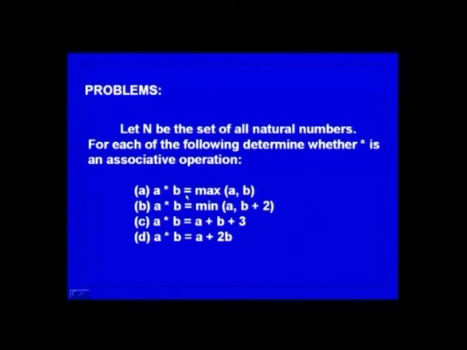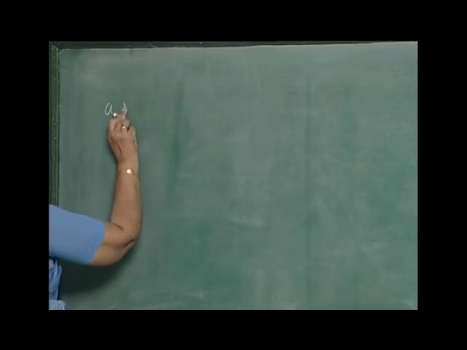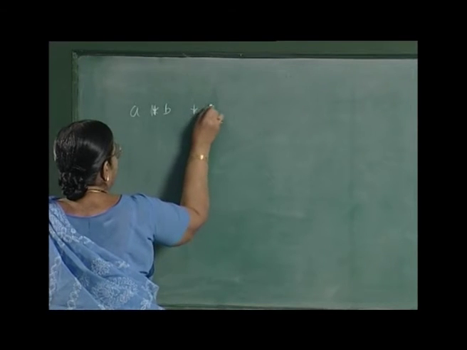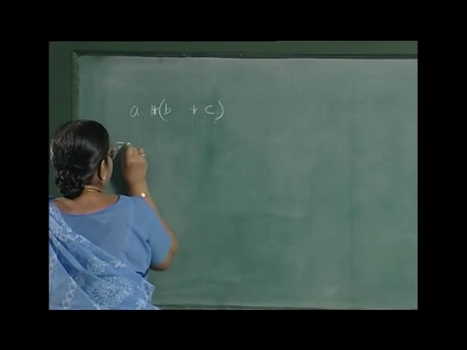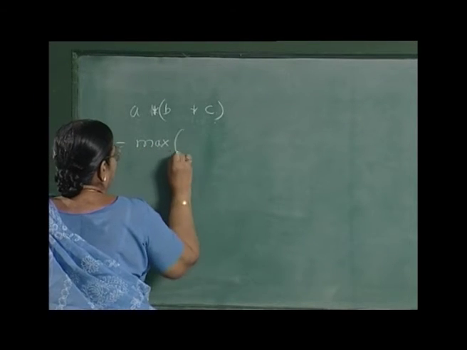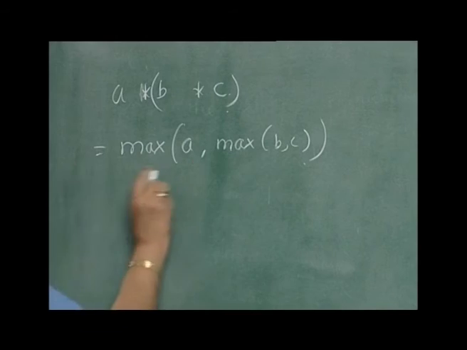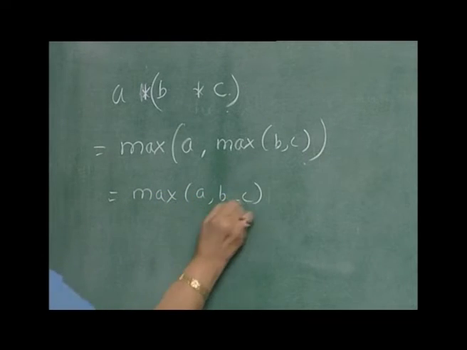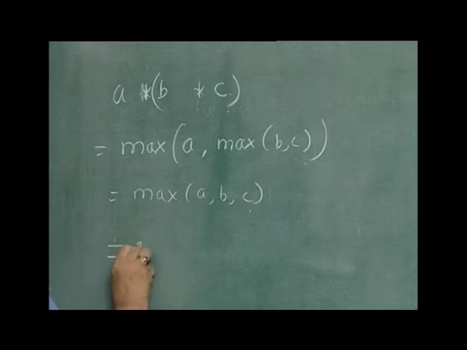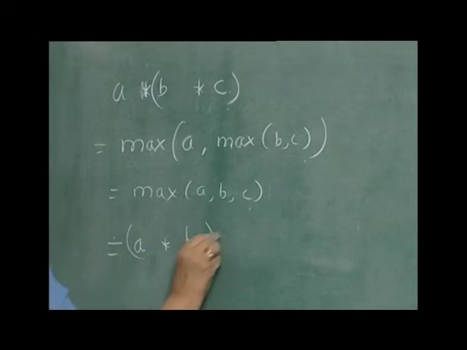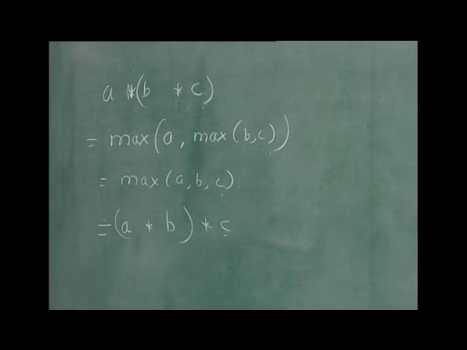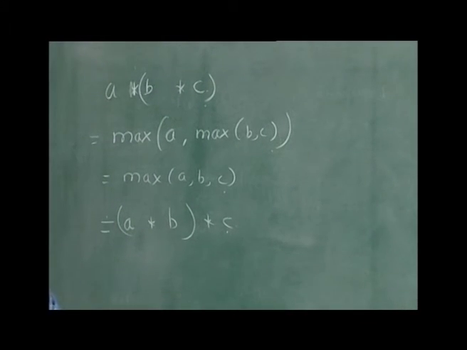Take A star B defined as the maximum of A and B. We can very easily see that this is an associative operation, because (A star B) star C will be the maximum of A comma the maximum of B comma C. In essence, you will be finding the maximum of A, B, C. Similarly, A star (B star C) again, you will be finding the maximum of these three elements. So, this is an associative operation.